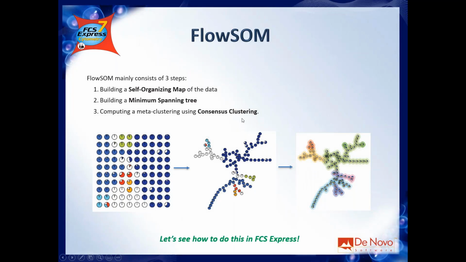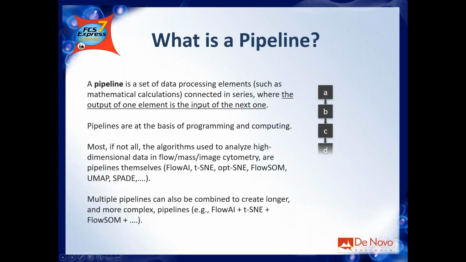Now, let's see how we can do this in FCS Express. So in FCS Express, FlowSOM is one of the many algorithms that you can run through a very new feature in FCS Express. We just released it last week. This new feature is called Pipeline and gives you access to a wide variety of algorithms.